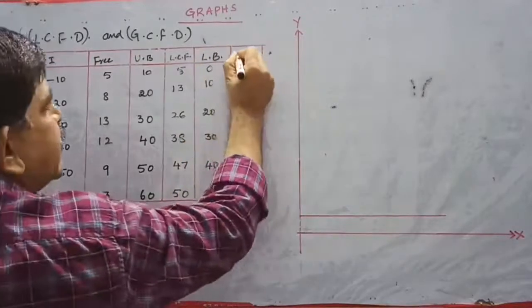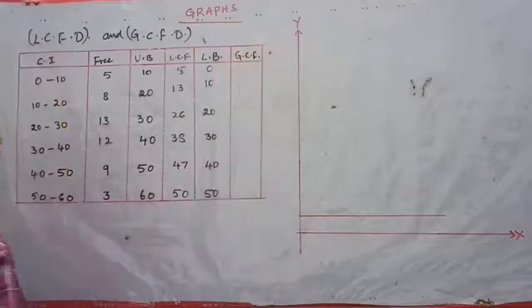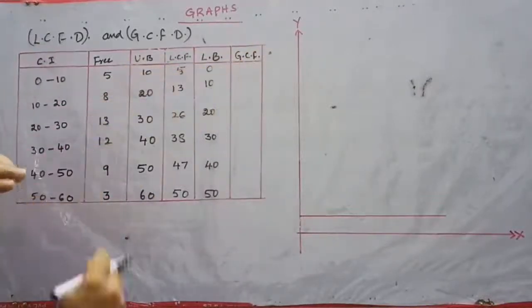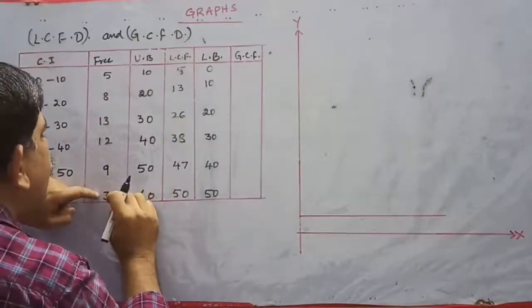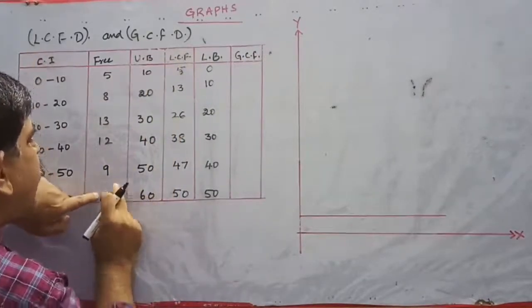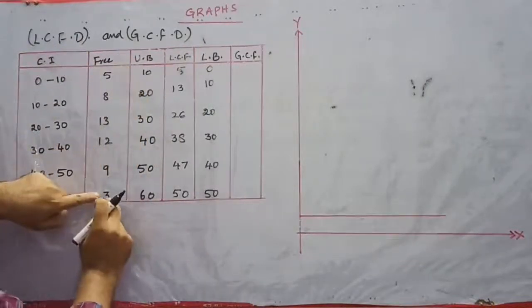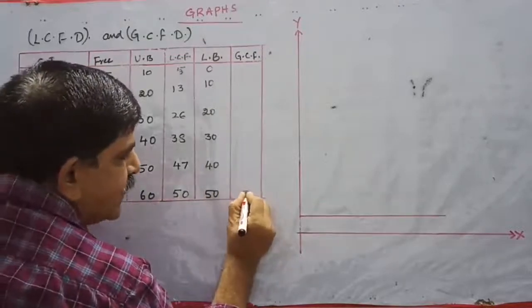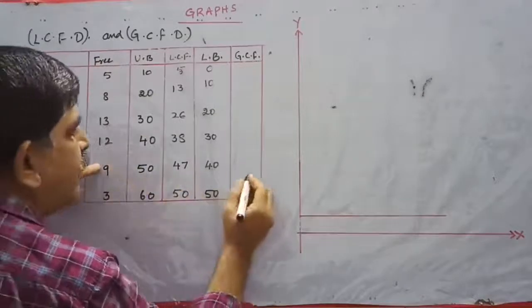Next one, GCF. To find GCF easily, you must write the values from bottom to up. Now you write 3 as it is here. So 3 plus 9, 12.